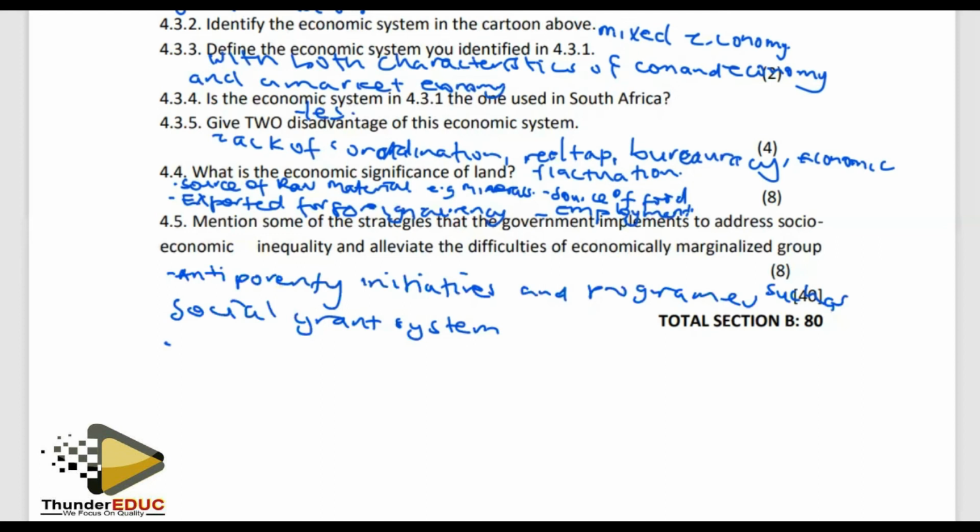Besides that, there is the integrated and sustainable rural development strategy.